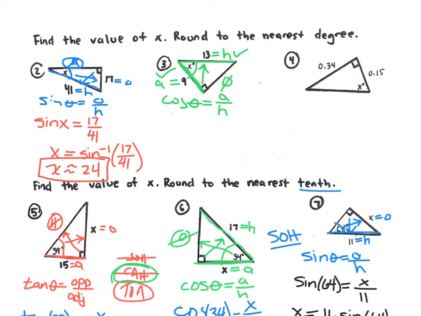AH, it's not CHA, but that would be also another way to do it. The equation then is going to be the cosine of x equals A is 9, H is 13. So if I arc cosine or inverse cosine the other side, x is approximately 46.